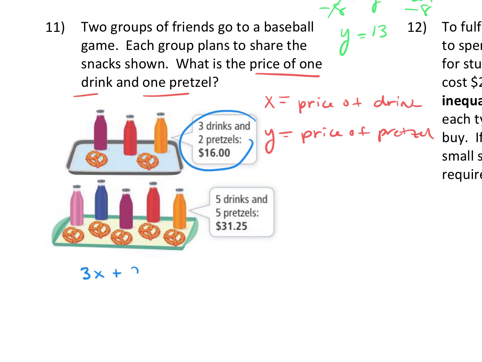We're getting 2 pretzels times the price, and that's going to equal $16. All right, our second equation is going to come from this, 5 drinks and 5 pretzels. So 5x plus 5y is going to equal 31.25.